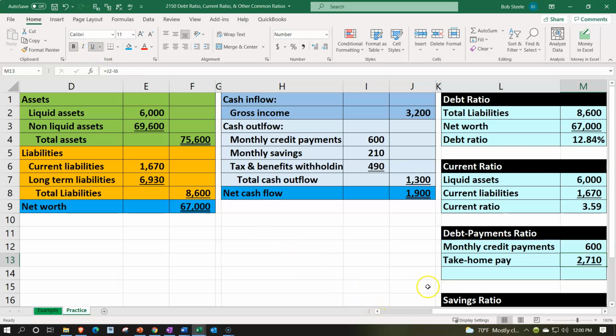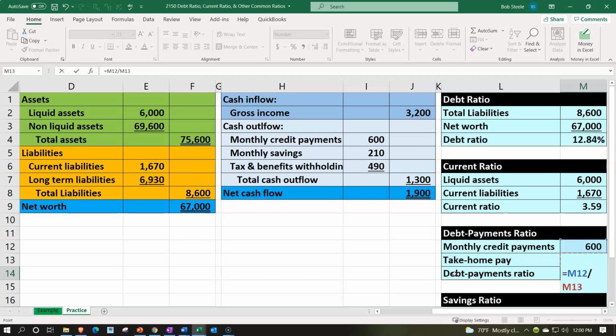So now we can say, okay, the debt payment ratio would be equal to the 600 divided by our take-home pay. And let's add some decimals there. Go into the home tab, number, add some decimals.